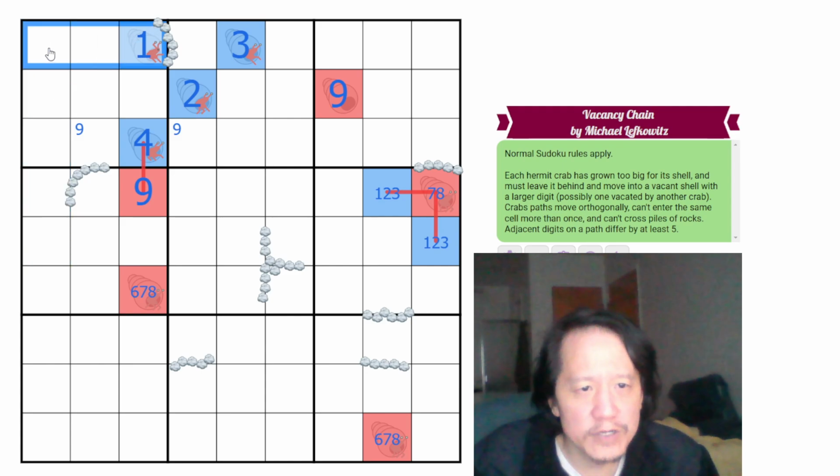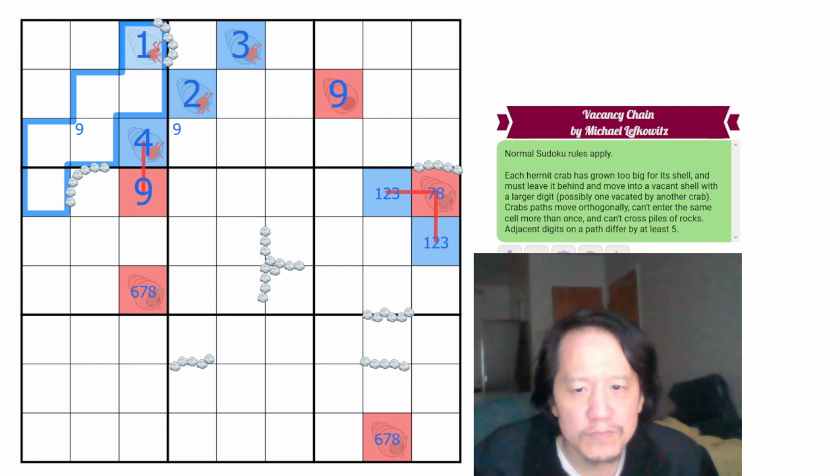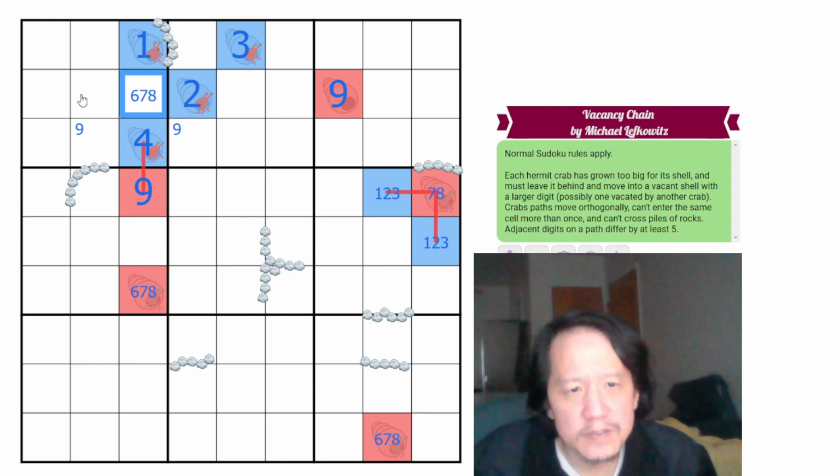So say it tried to go out this way. Well, I guess it could go something like this, or something like this. So say it went out something weird like this, right? This would be 6, 7, or 8. This could not be 2, so this would have to be 3.